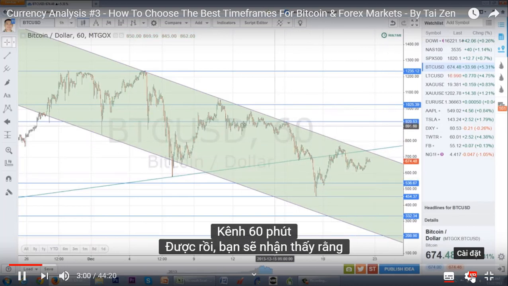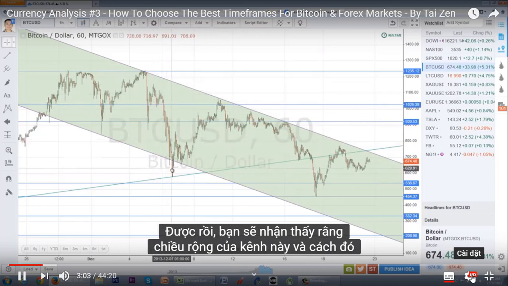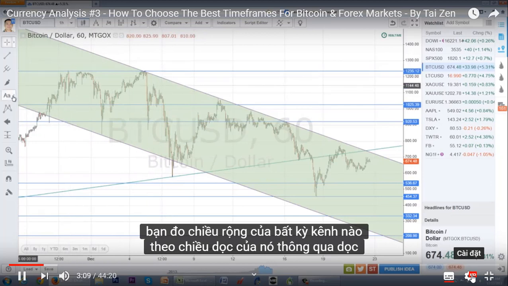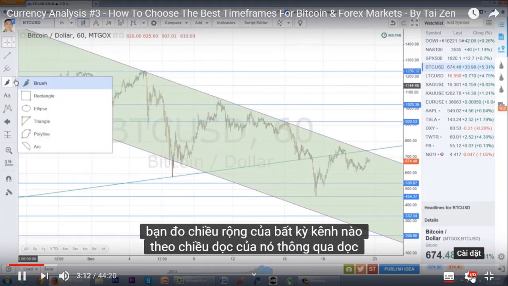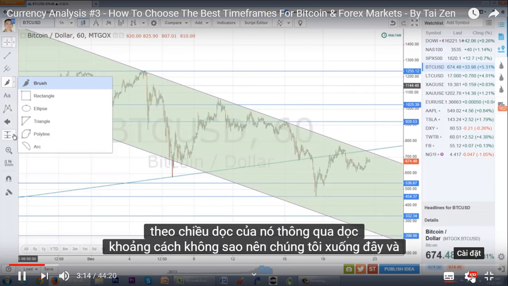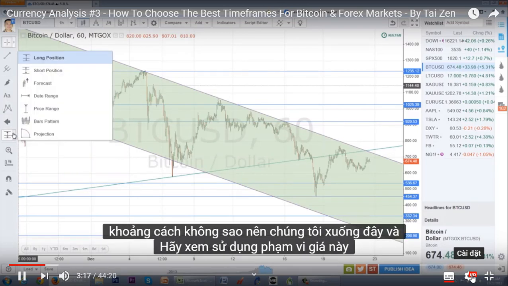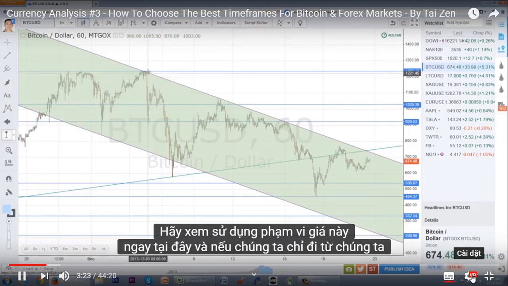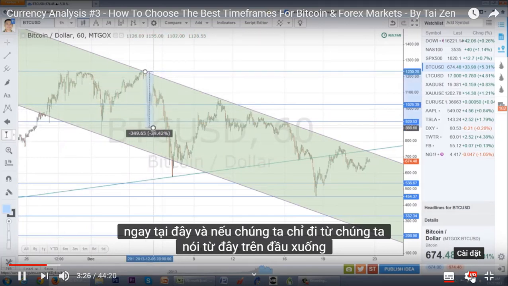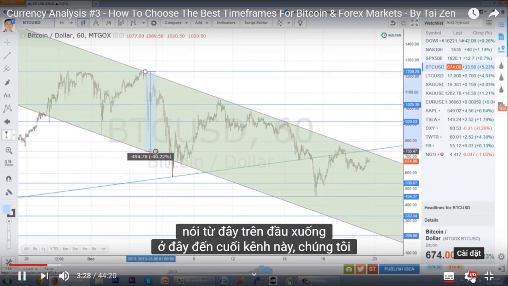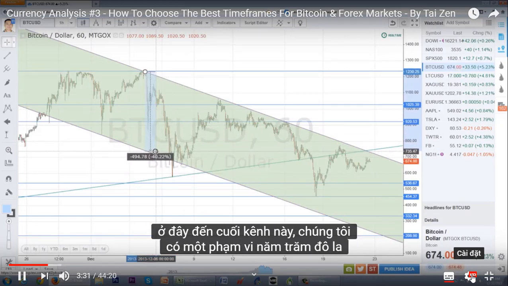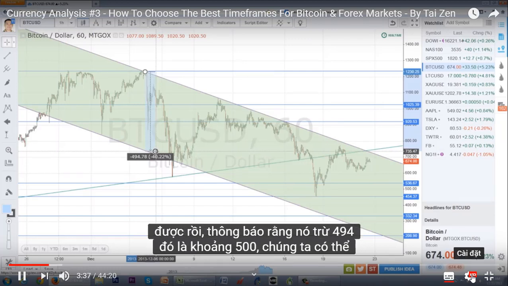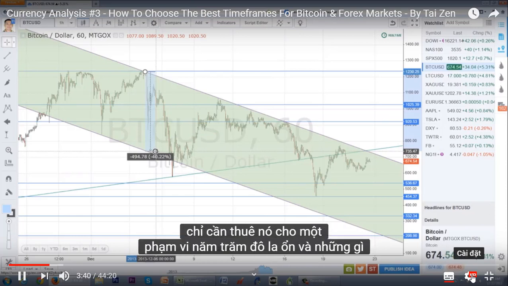The way that you measure the width of any channel is through its vertical distance. So let's use this price range right here, from the top down to the bottom of this channel. We have like a $500 range. Notice that it says minus 494, so it's pretty much a 500. We can just round it off to a $500 range.